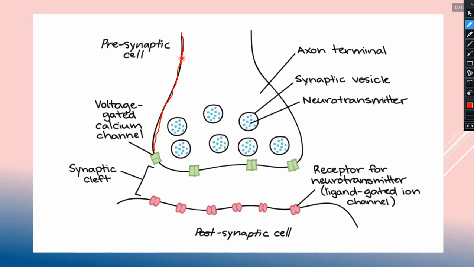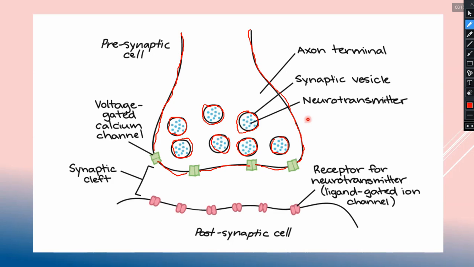First you draw the presynaptic cell or presynaptic neuron. Okay. The neuron is L. So whether you wrote cell or neuron, it's correct. First you draw this, then the postsynaptic cell. Then the presynaptic cell has the axon terminal at the end of the axon. Then you draw circles in the presynaptic cell, and inside them dots, which are the neurotransmitter.